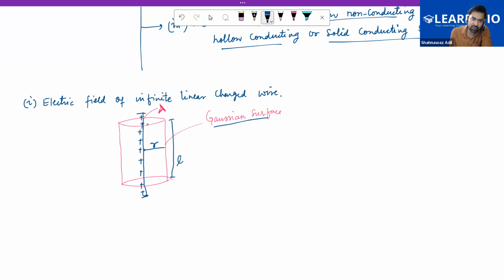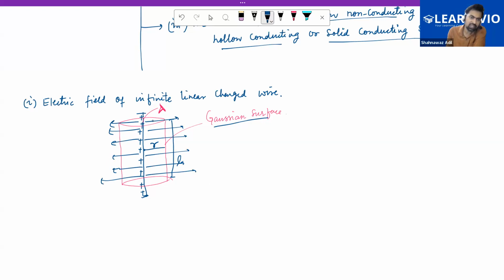So we have taken this Gaussian surface, and we know how the electric field goes. The electric field goes like this, right? So this is the electric field.